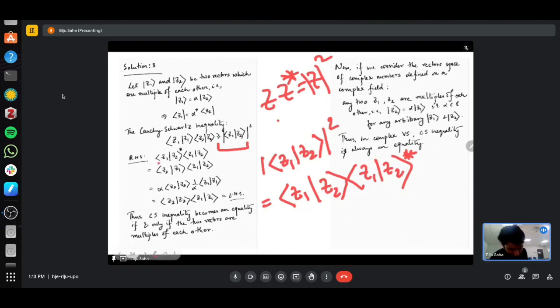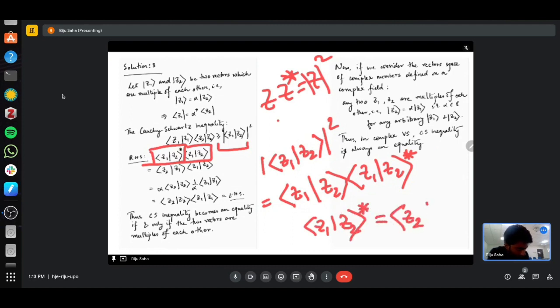The first term is the complex conjugate of the second term, from the definition of the modulus of a complex number. Then we used the definition of the conjugate of an inner product: z1 z2 with a conjugate applied on this inner product flips the position. That is the next step.